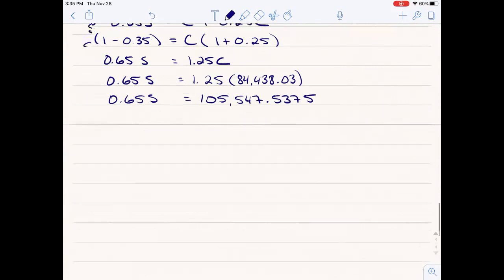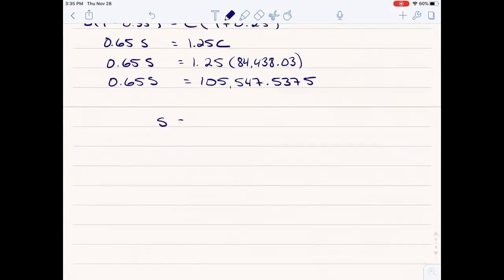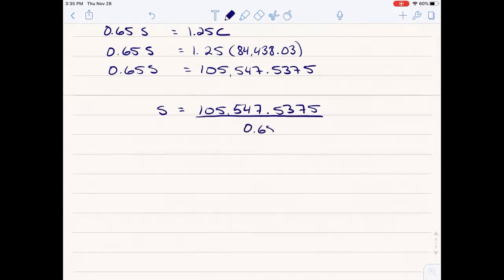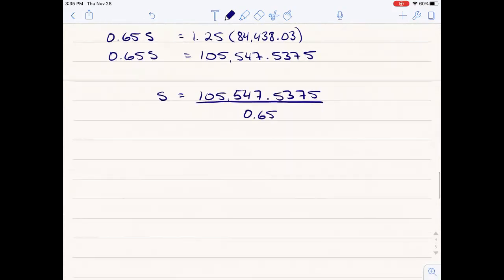Solving for S, right? I divide both sides by 0.65, so I get 105,547. Keeping all your decimal places until the end, over 0.65. But now we're way more comfortable with storing values and recalling values, right?